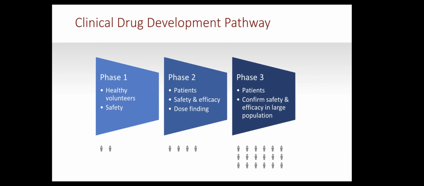The purpose of these will be safety, and also to understand whether the drug has some benefit in terms of efficacy, but what doses are required. And so this is really a dose finding phase of development.